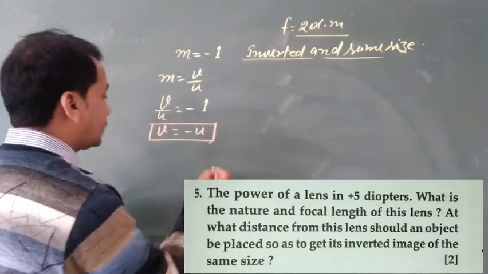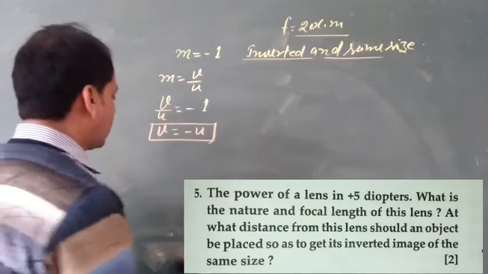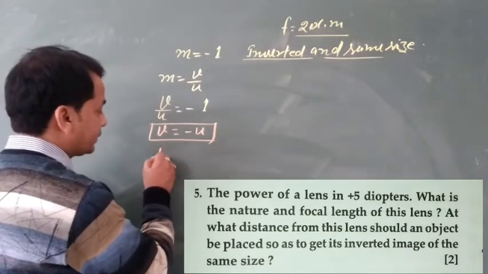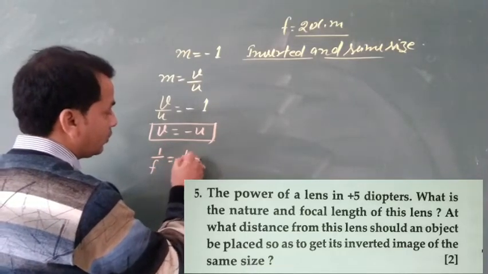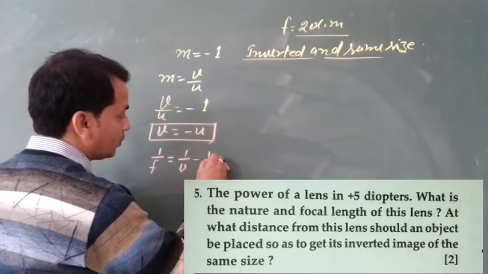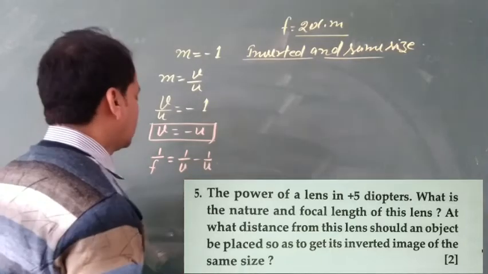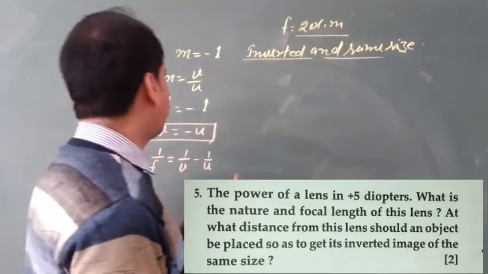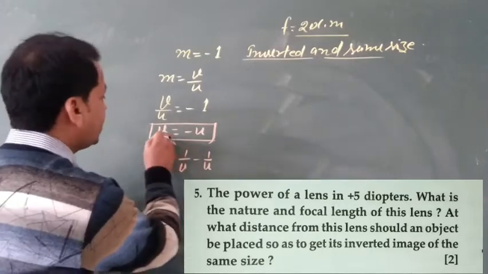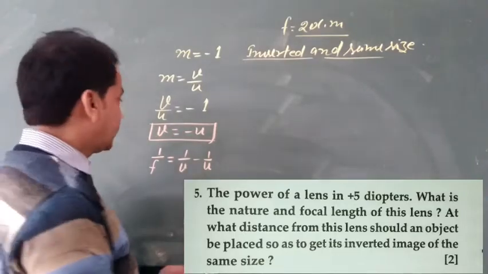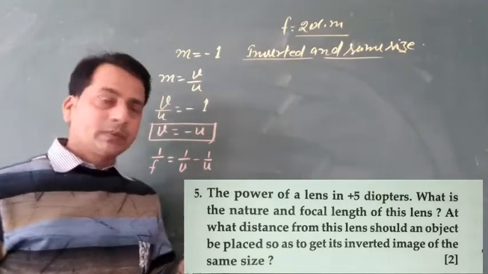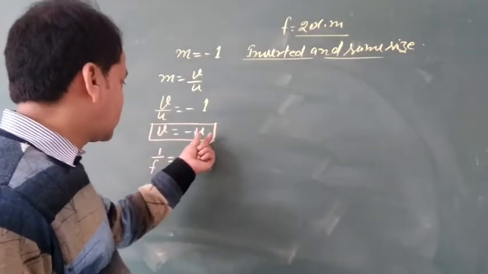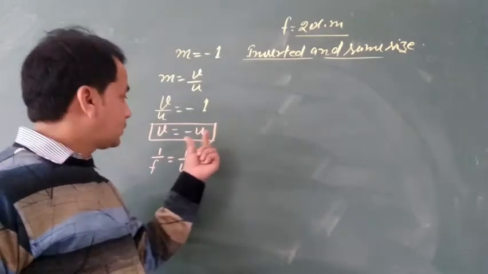Next, we apply the lens formula: 1 by f equal to 1 by v minus 1 by u. The focal length is 20 centimeter and v equal to minus u. In place of the image distance we put the object distance.